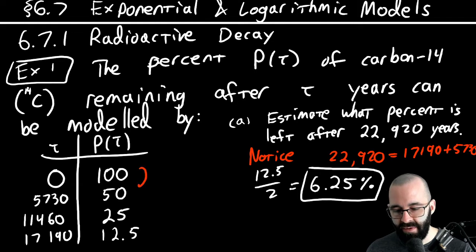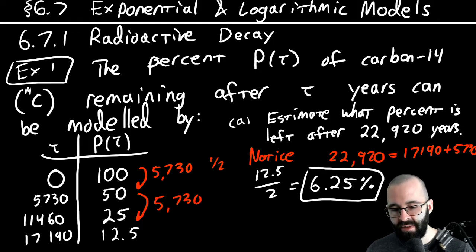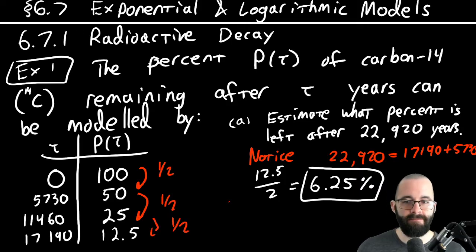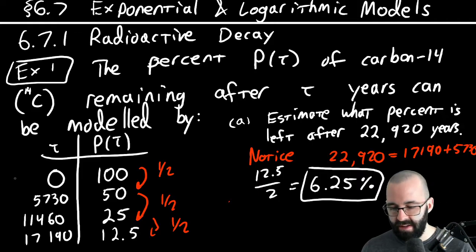All right, so every 5,730 years, decays by half. Another 5,730 years, decays by half again. And so on and so on. Okay? Maybe write it like this. 1/2 gets multiplied by a half again. So this right here, the distance between these two things is our half-life. 5,730 years.